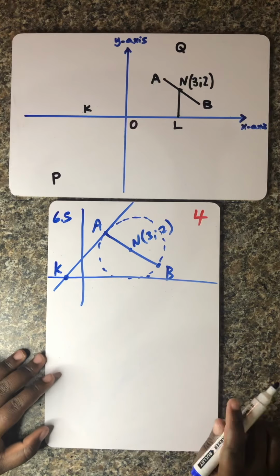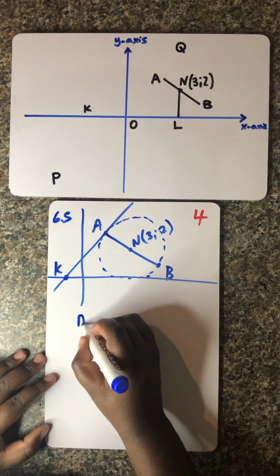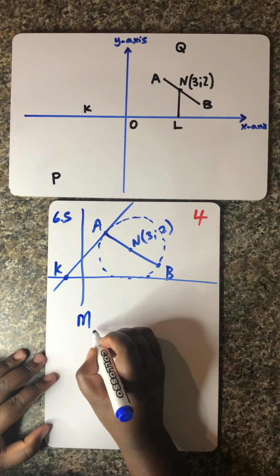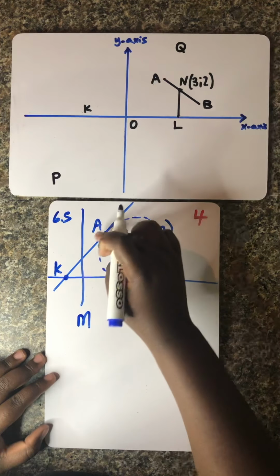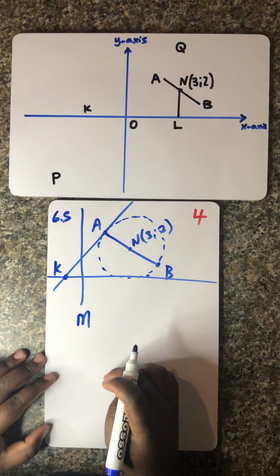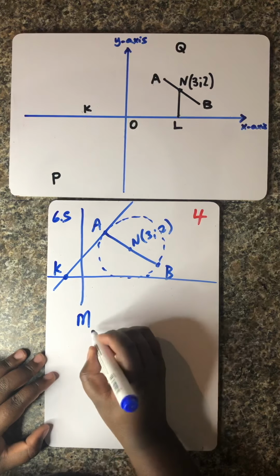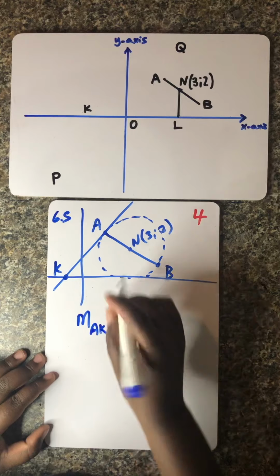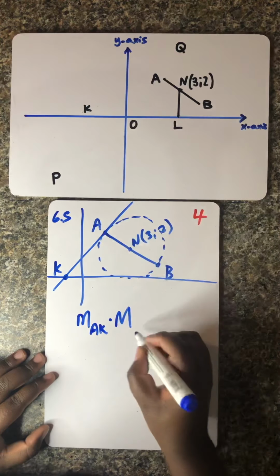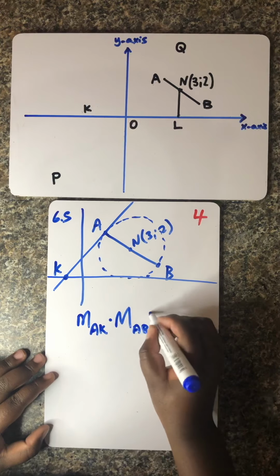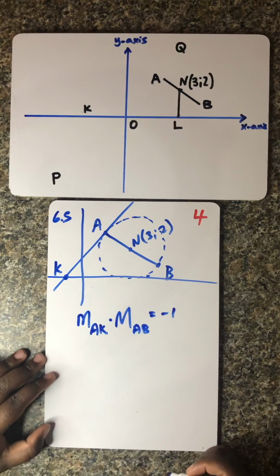So the gradient of AK multiplied by the gradient of AB is equal to -1.